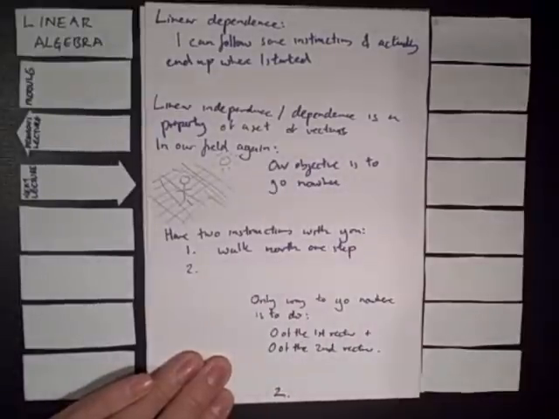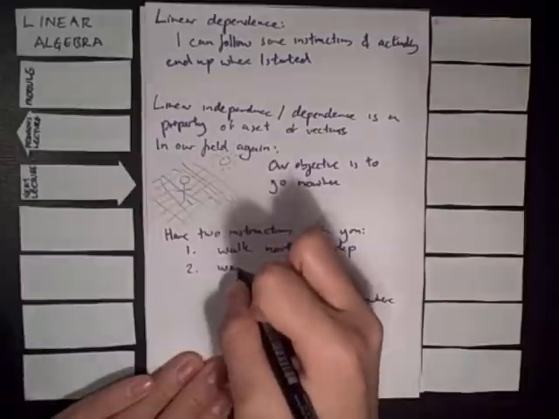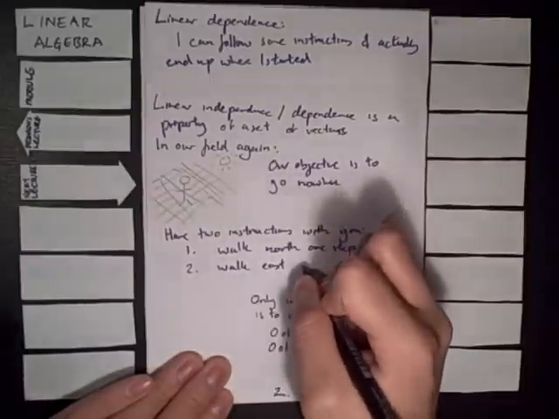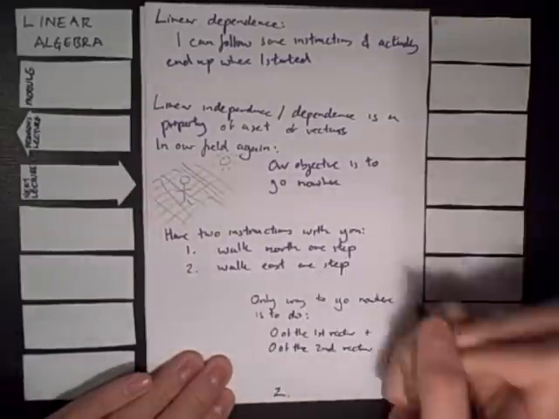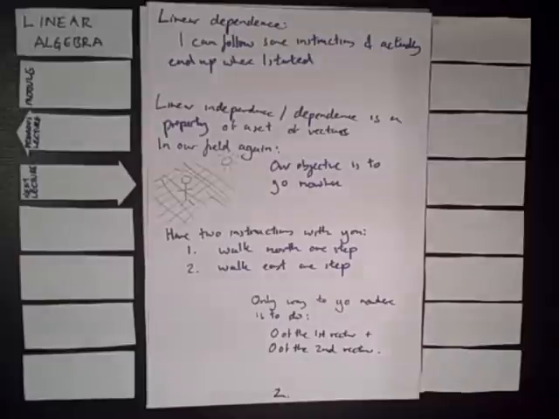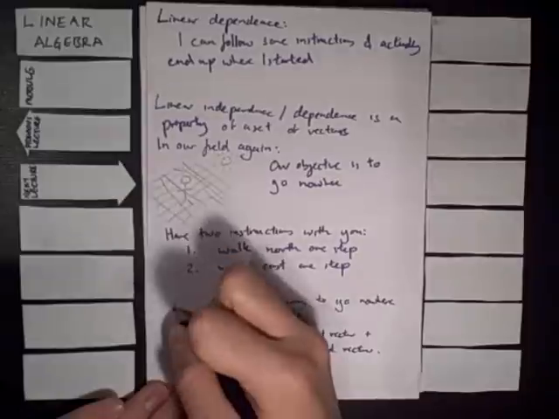The other might be walk east 1 step. Then we can just see diagrammatically that the only way to go nowhere is to do 0 of the first vector and 0 of the second vector.